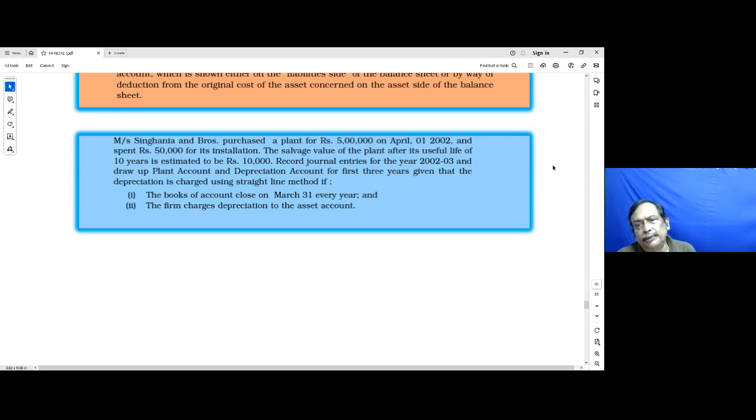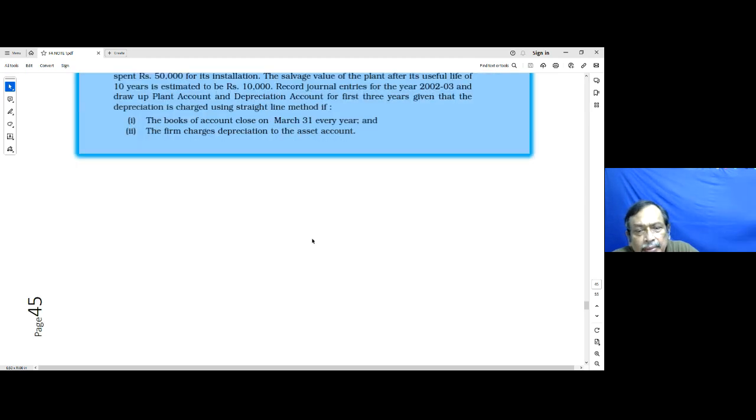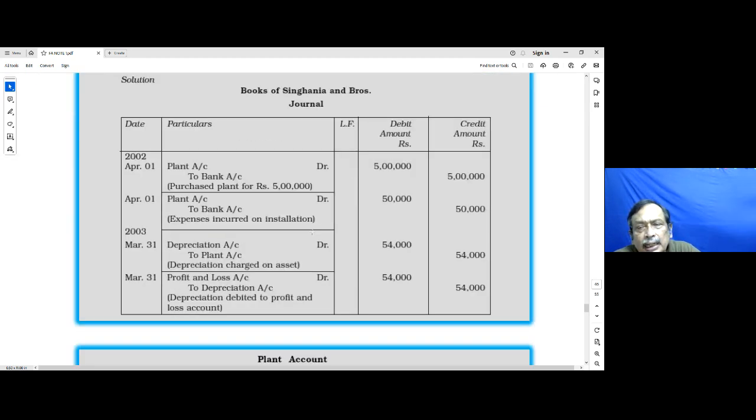Record journal entries for the year 2002-03 and draw a plant and depreciation account for first 3 years given that the depreciation is charged using straight line method, the books of account close on March 31st every year, and number 2, the firm charges depreciation to the asset account. Now we are preparing the journal entries first.